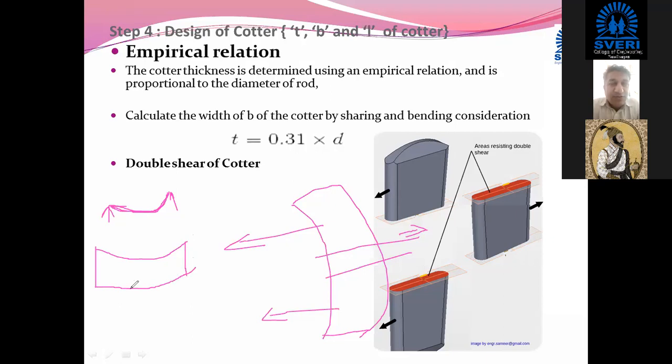What happens in case of bending? Okay, let me ask one question. What is neutral axis? In case of bending of any column or beam, what is neutral axis?